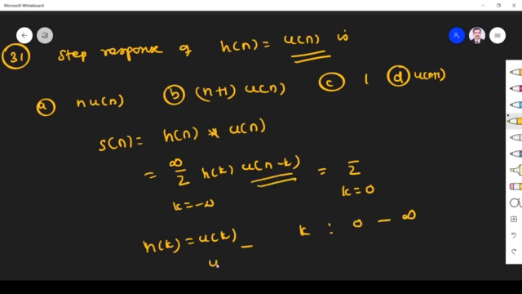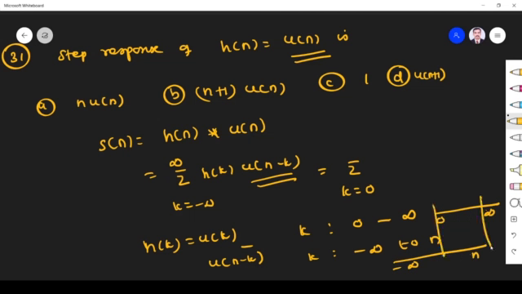And u of n minus k exists for k from minus infinity to n.